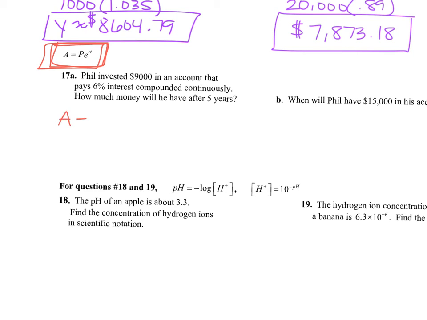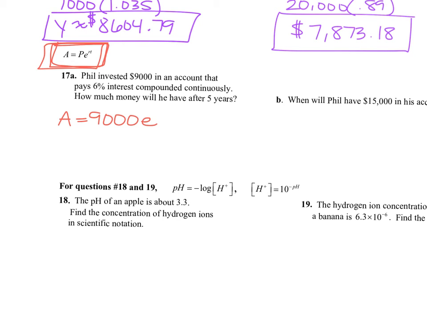So A equals what? 9,000 is your P, your principal. What's e? Is it a variable? No, it's a number, right? It's 2.71, blah, blah, blah. So e to the what?